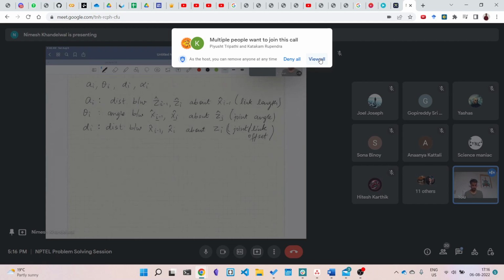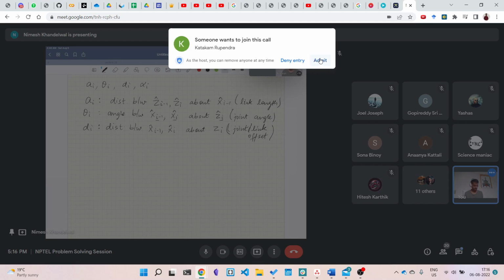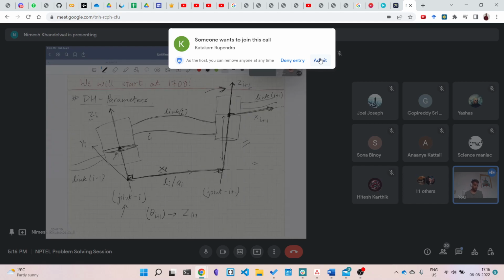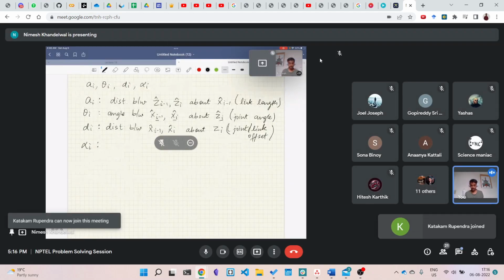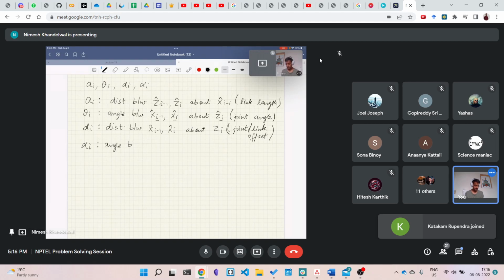And the fourth parameter is what we call alpha, the link twist. How is this z i minus 1 aligned with this z i? That is what we call link twist. So that is the angle between z i minus 1 and z i.